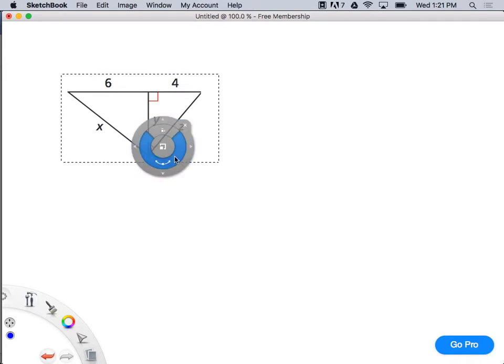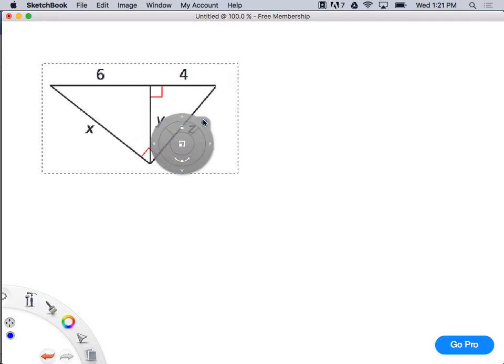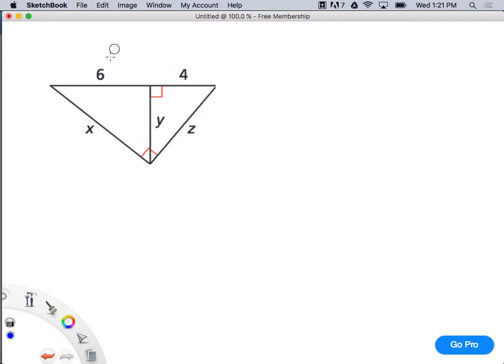So you guys can have some practice before I go on to something harder, let's say that this is 8 and 5, okay? Go ahead and find x, y, and z for that triangle.